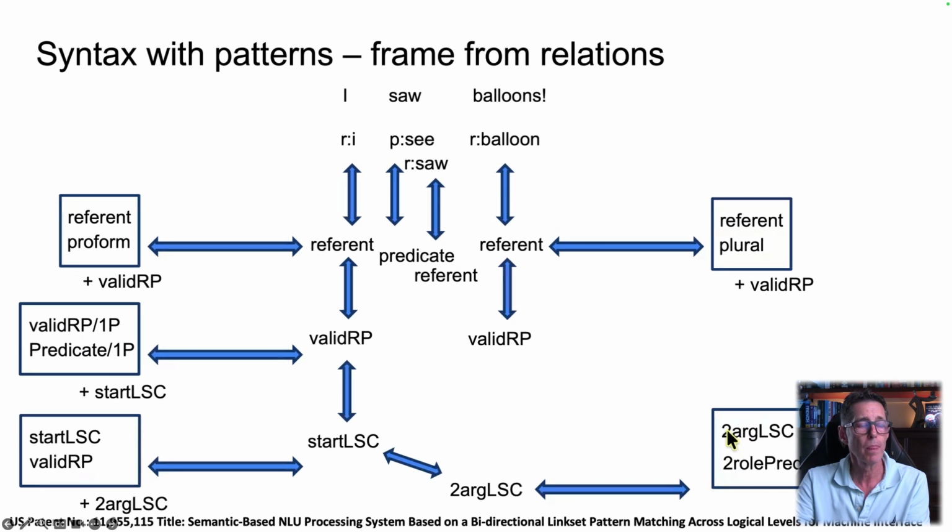It's looking for two argument LSC, which is linked to this, and it has a two-role predicate, which we're tracking from here down to there. So "see" is a two-role predicate. We'll talk more about that as we go. But this technique allows us, with only a few phrases to match, to recognize this sentence unambiguously, because the step here, which we'll talk about in a moment, validates that this has meaning in English, because obviously these are English words and these are English phrases.